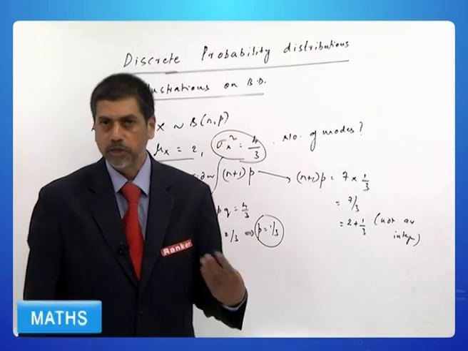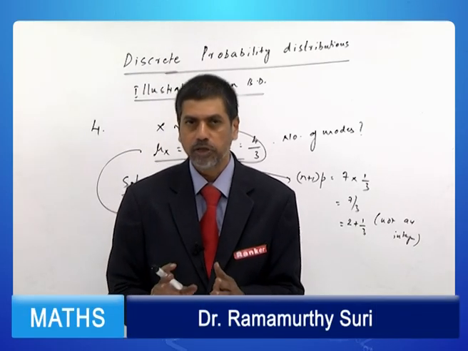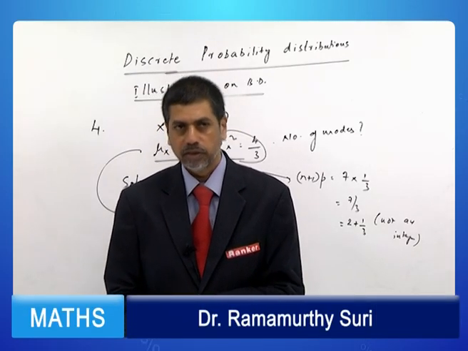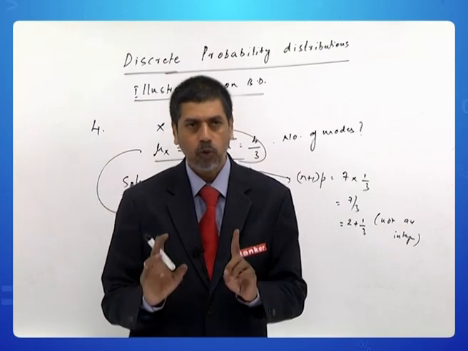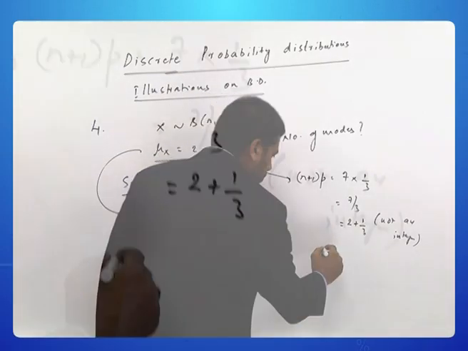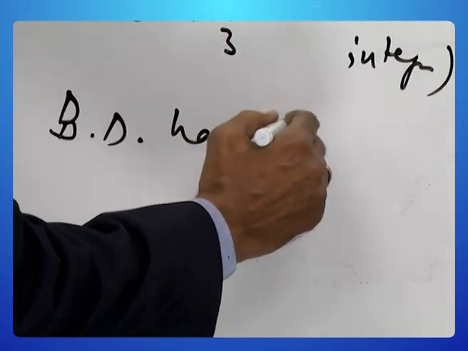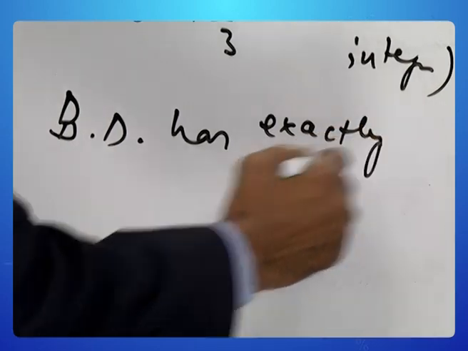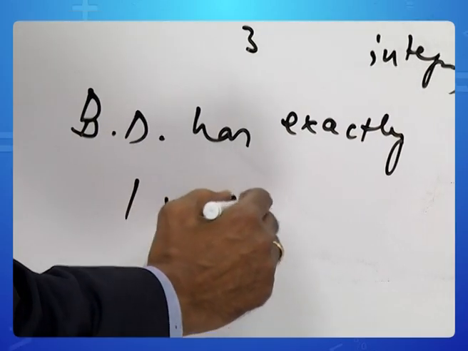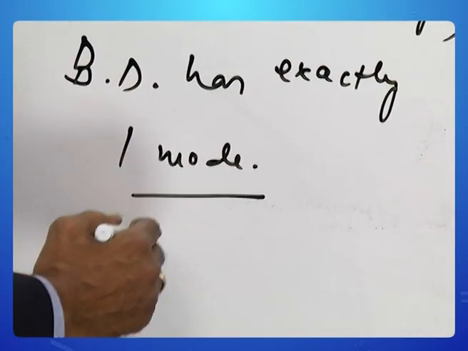So if you go back to the principles, whenever (n plus 1) into p is not an integer, then the distribution has exactly one mode. So the binomial distribution has exactly one mode. So the correct option for this problem is A.